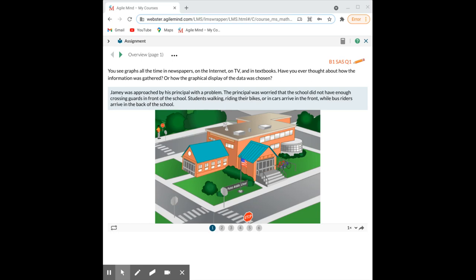Do you think that they choose the people that they look at randomly, or do you think they look only in one part of town, or try to get people from all over? How do you think they do that to see how close it's going to be? Well, here we have private school and we have our public schools.